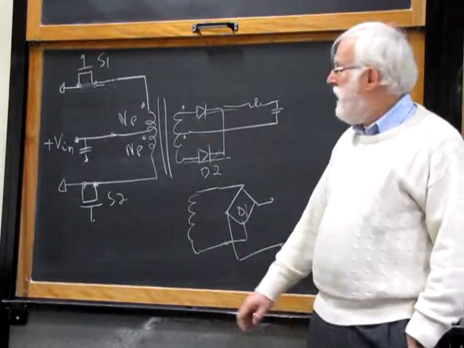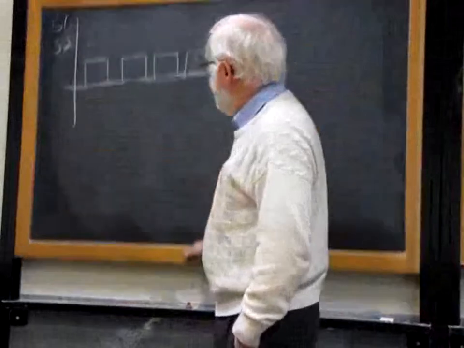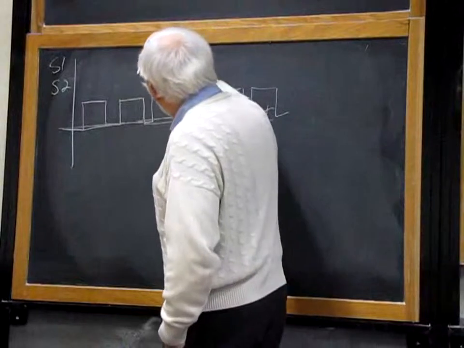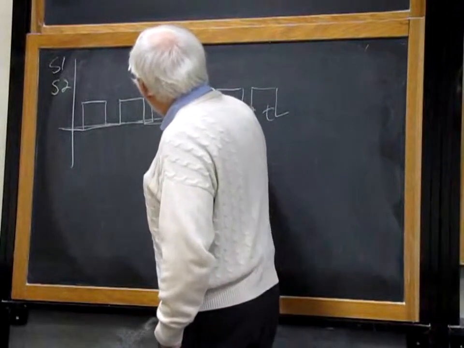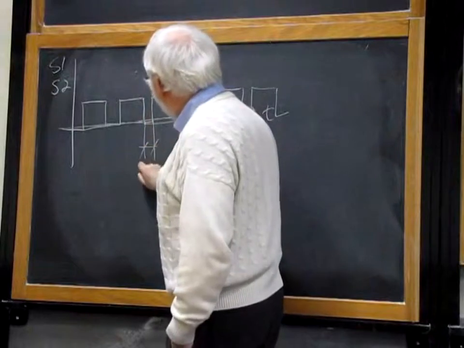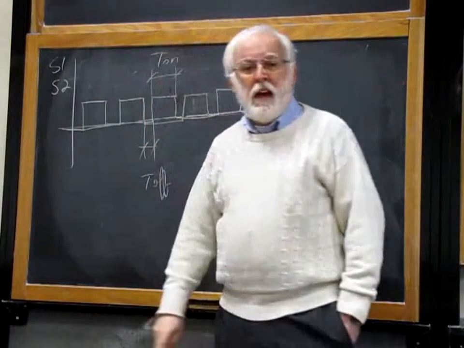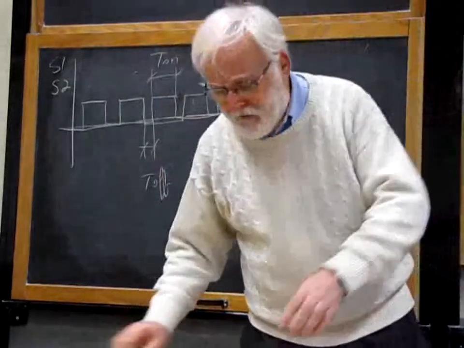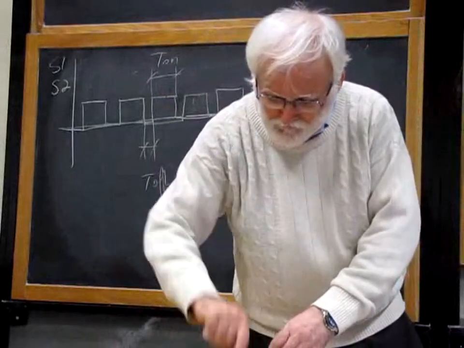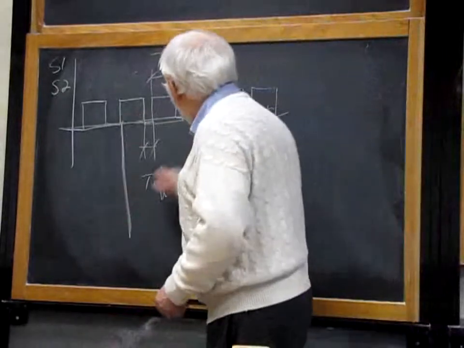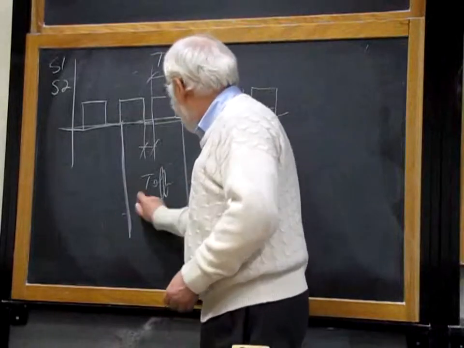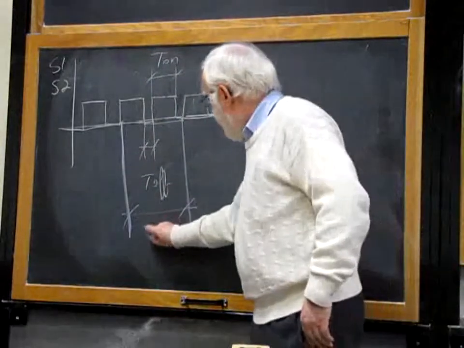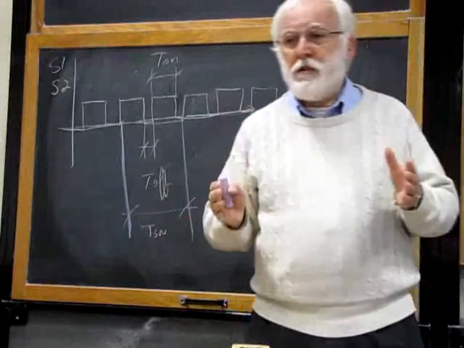Okay? If we go back one moment to our circuit, this time is T on, this time is T off, and as usual, when we have a double polarity driving or double polarity rectification, we have this period of time, and the related frequency is F switch.